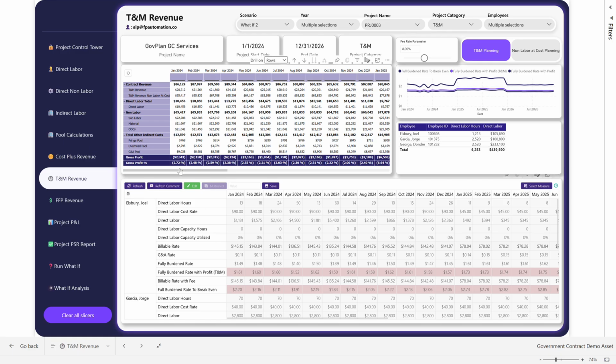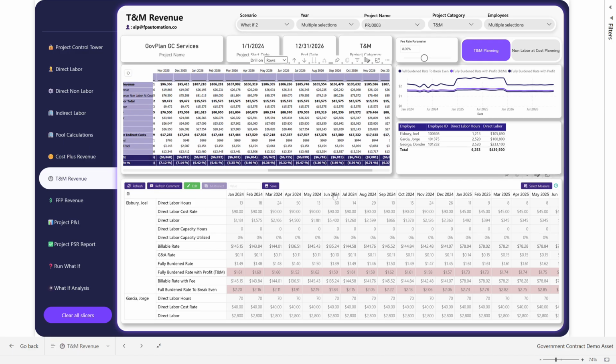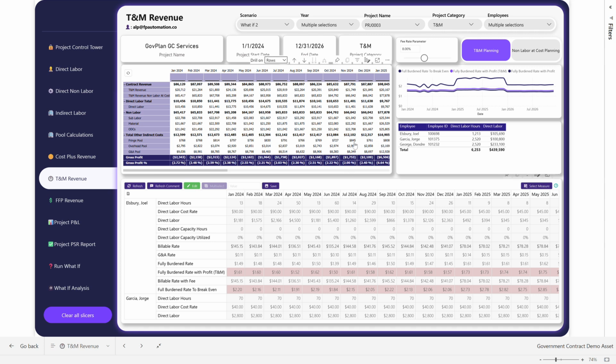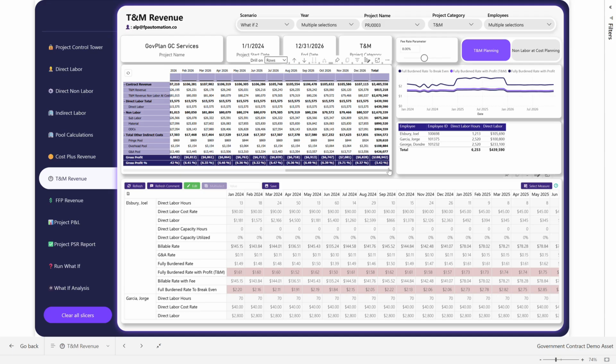The issue though is when we look at this particular project, we can see this project is not profitable. So in our case right here, we have the ability to not only see this particular project and the contracted revenue that we are projected to earn based on the billable rates, but we can also see whether or not it is profitable based on our fee parameter estimation, as well as what our fully burdened rate with profit is that we need to take into account based on what typical contracts in the T&M space generally are at.